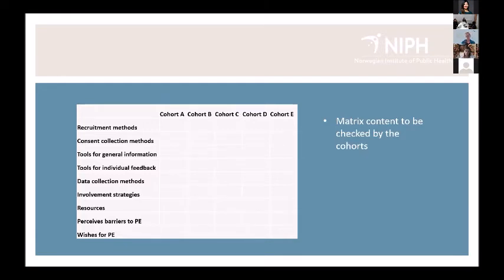It takes a little time to set up a matrix like this, and we try to summarize the information in a simple manner. But we see that the cohorts are living entities, so they're constantly doing new things that we want to incorporate in this matrix.